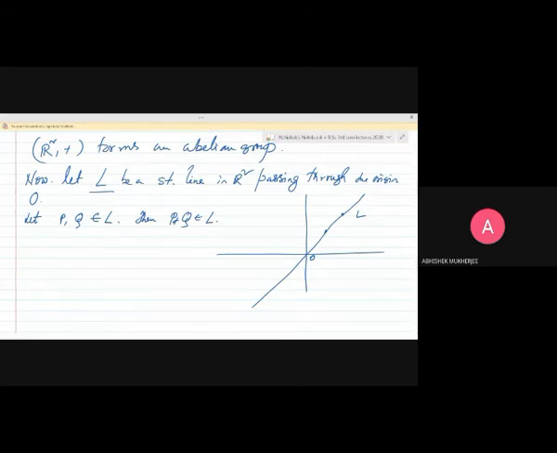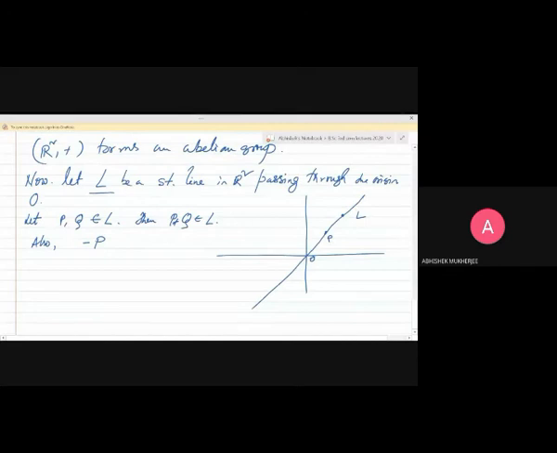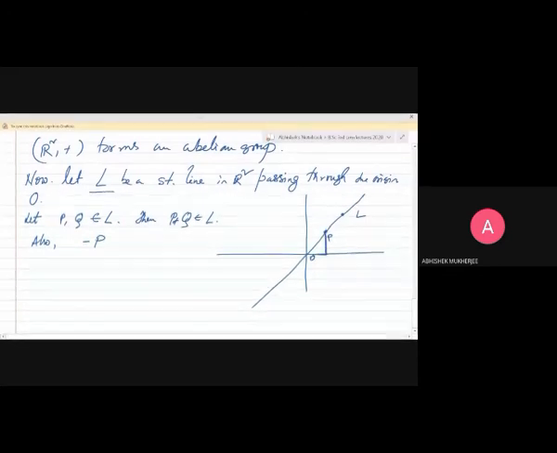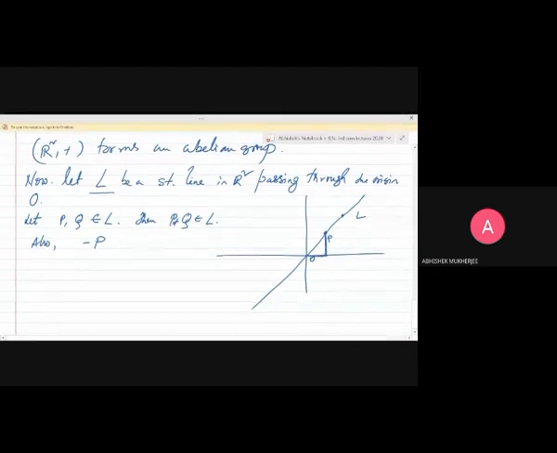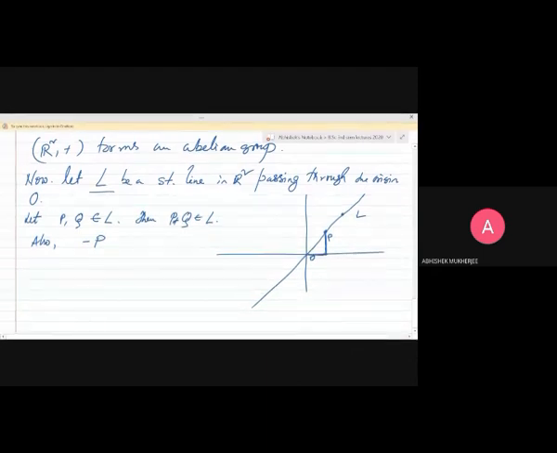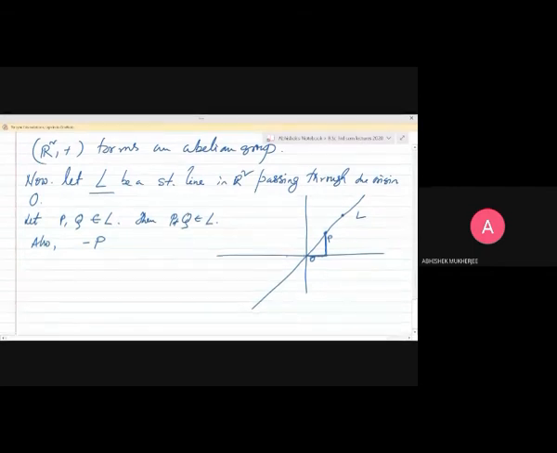Okay, and if you take the negative of P, minus P, then what is minus P? Suppose this is your P, so these are the coordinates. What is minus P? Just take the same x coordinate and y coordinate in the left half plane here. Just take this and take this.